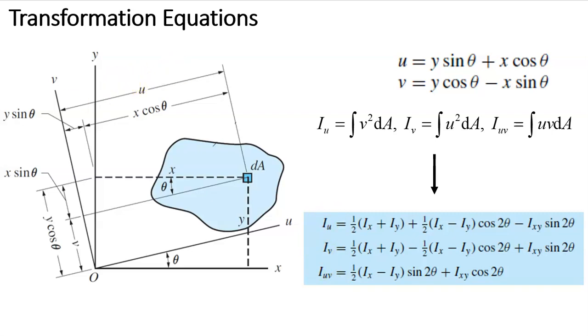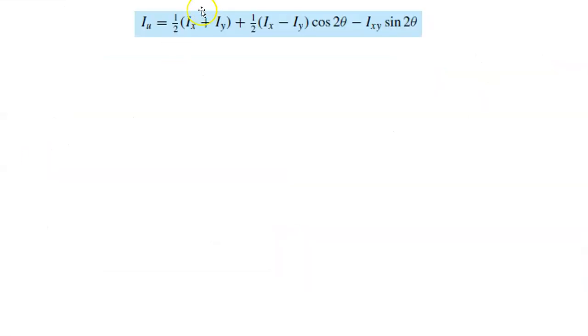So to start this derivation, we need to look at the expression for Iu, and since Iu varies with theta, then to find where Iu is a maximum for a particular theta, we want to find the differential of Iu with respect to theta. So firstly, we have dIu/d theta. The first term is a constant, so it's 0.